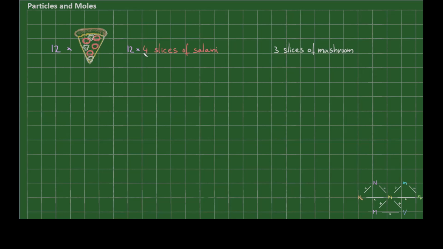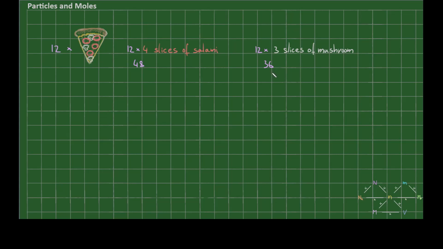So rather than 4 slices of salami, I would have 48 slices of salami. By the same token, the 3 slices of mushroom would need to be multiplied by 12, and now I would have 36 slices of mushroom. Or to rephrase it using the particle terminology, I could say that the 12 particles of pizza contain 48 particles of salami and 36 particles of mushroom. Is anybody getting hungry? Me too.